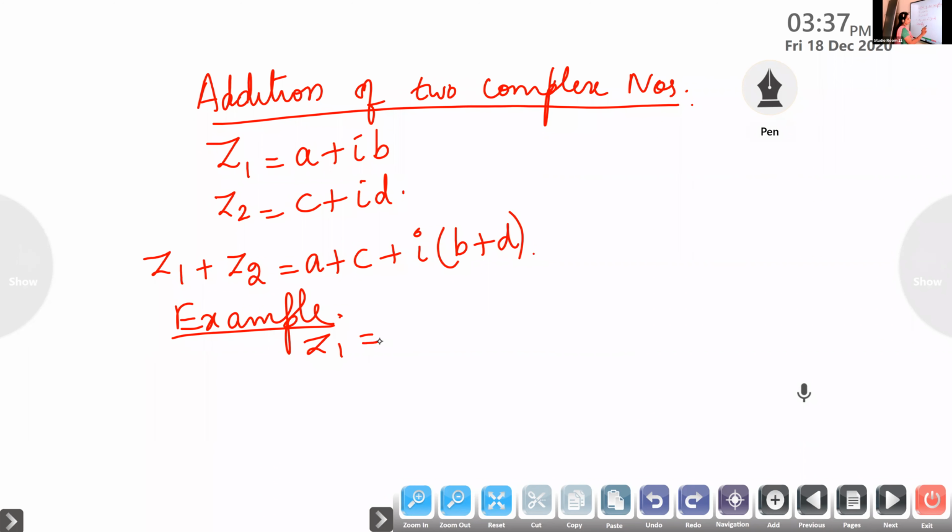Suppose Z1 is 3 plus I, Z2 is minus 2 plus 5I.